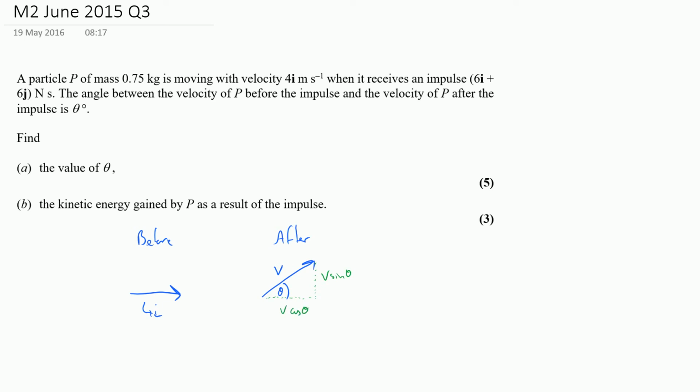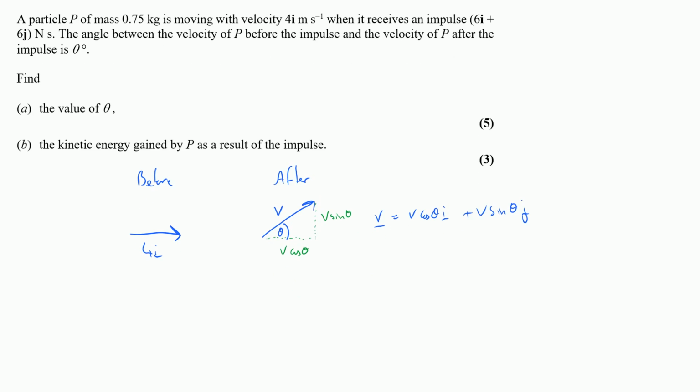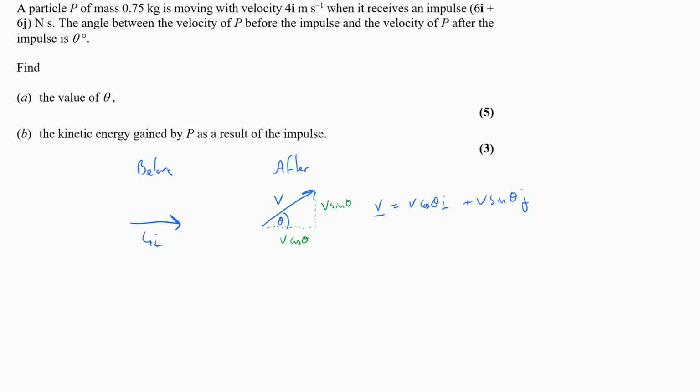So thinking about this now in terms of vectors, I can say that the vector velocity afterwards, so my v, is going to be v cos theta i plus v sine theta j. Now I know the impulse equation is impulse is change in momentum, so let's make a note of that. So vector I is m lots of v minus u.